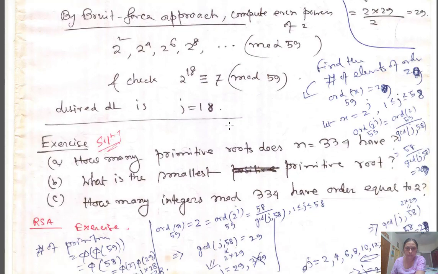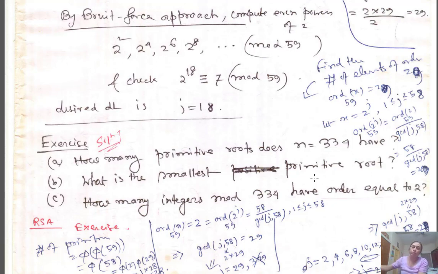Okay, so here some exercises are given. You can try them out. How many primitive roots does n equal to 334 have? You can answer this very easily. What is the smallest primitive root? If you are asked to find the smallest primitive root, you have to try from the lowest possible candidate, from 2. If it is not a primitive element, you have to check successive powers.